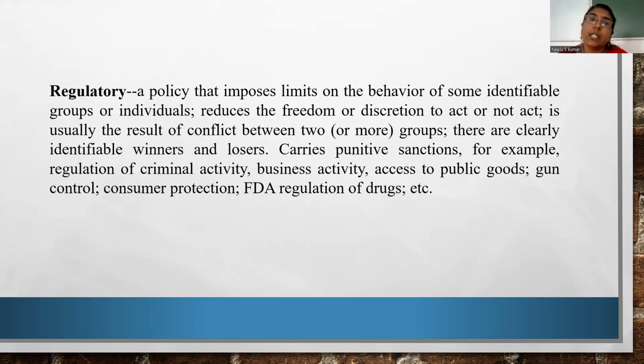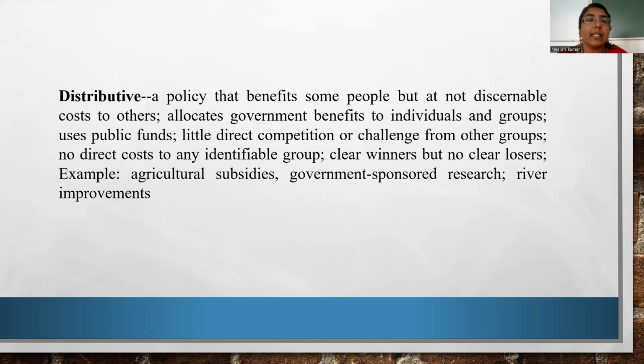For example, the usage of arms and ammunition is restricted by the government for national security, and so is the use of drugs, alcohol, and other materials, for the security and safety of the society. So to restrict what to do or to decide not to do is done by the regulatory public policies.